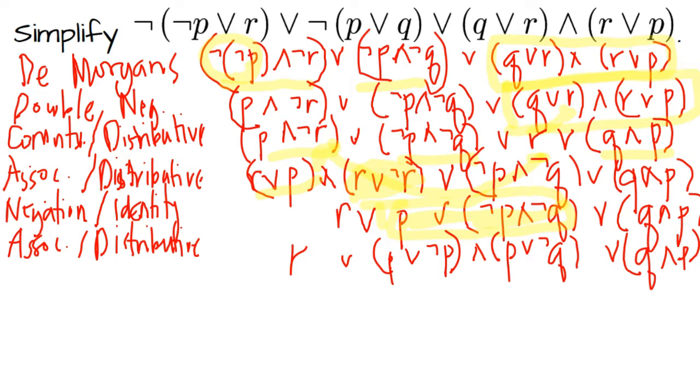So this term will simplify by negation and identity again. So commutative, identity. So let's just use negation, commutative, and identity.